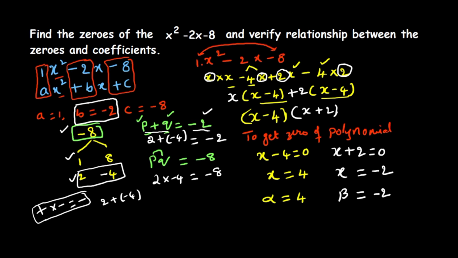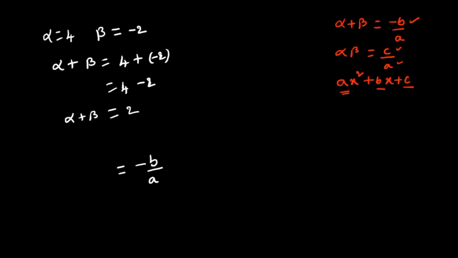And what is a? This is 1. So how to write this? I am going to write these two as minus of minus 2 by 1, because minus of minus is plus, so we get plus 2 by 1, which again equals 2. So the 2 we can write as minus of minus 2 by 1.